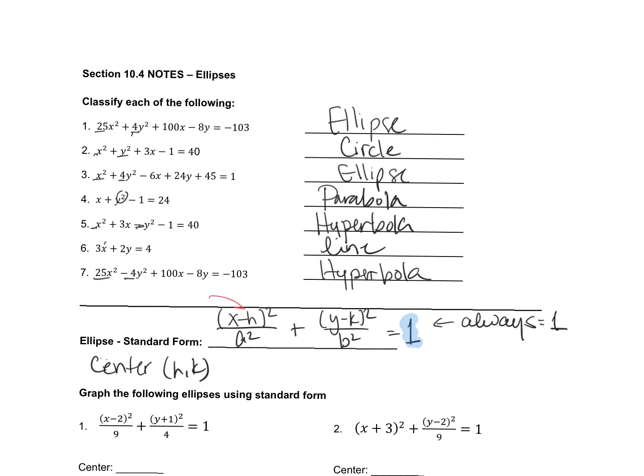This one will go left, right. It's always the opposite. And this one will go up, down. Again, it's the opposite. So if it's minus k, then that means we're going to go up. Positive k, we're going to go down.